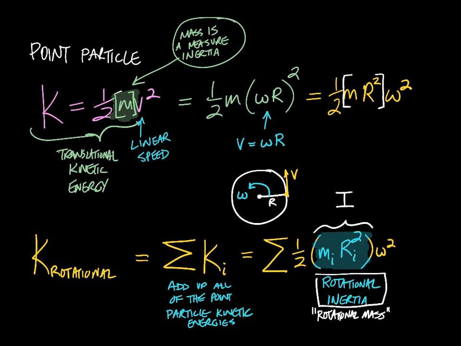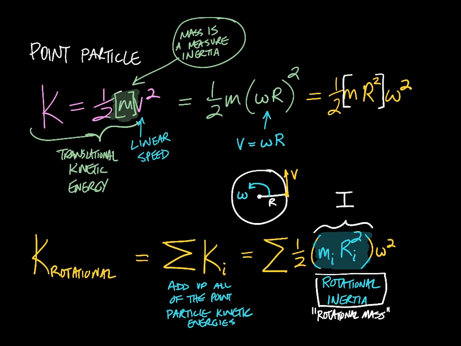So a ball has an mr squared to it. A disc has the same thing. A hoop might have a 1/2 mr squared, or a wheel might have a 1/8 mr squared. There's all sorts of shapes, and we'll see a table of different shapes that will show up in problems, and you'll use those standard formulas for the rotational inertia of this versus that. But they all have this basic structure of mr squared, right?